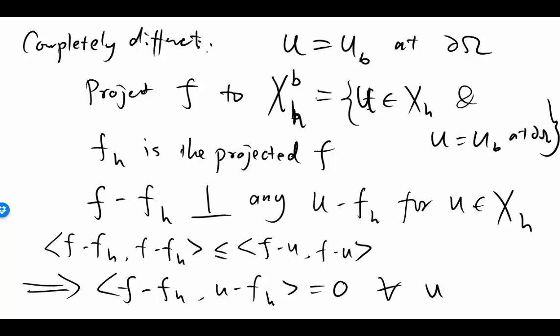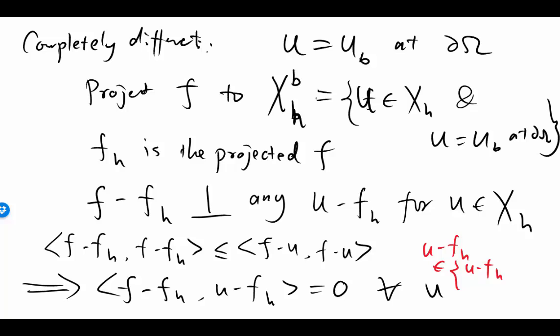Okay, and if you take u minus fh to be really the test function that f minus fh has to be orthogonal to, that means u minus fh has to be in the homogenized version of that Xh.